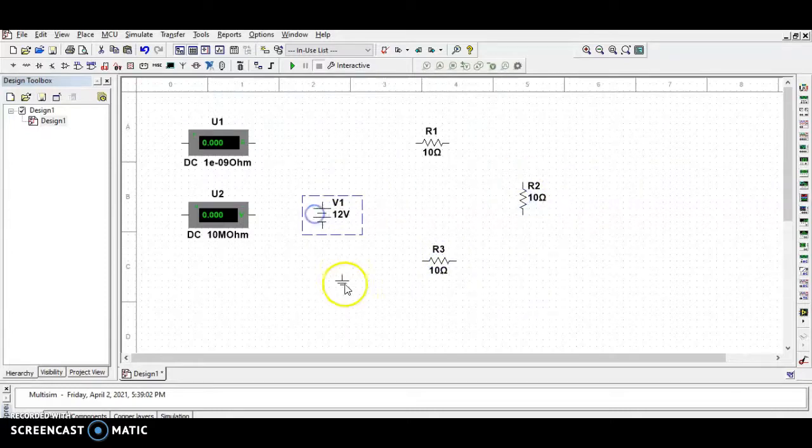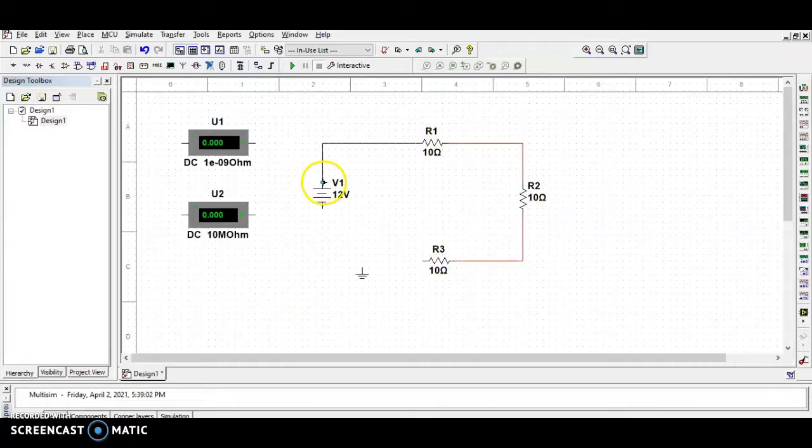So voltage source here, from here and up there. So connect first resistor into second resistor into third resistor, and first into the source.